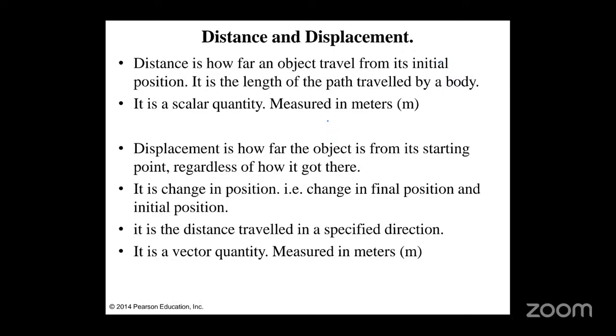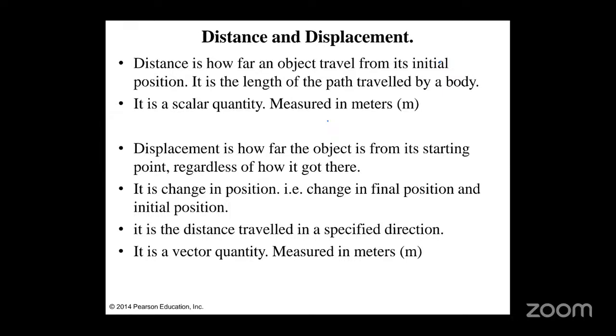So it is also defined as change in position, or the difference between the final position and the initial position. We can also define displacement as distance traveled in a specific direction.